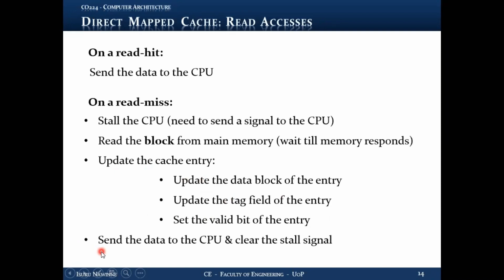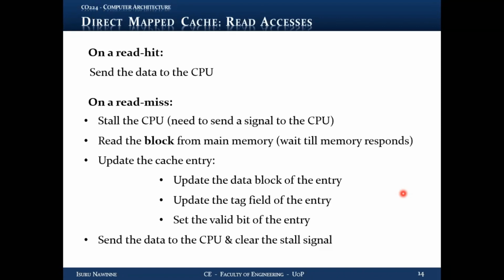Then send the data to the CPU. Now we have the up-to-date data in the cache and we can send it to the CPU and clear the stall signal, right? Put the data on the connection lines, and clear the stall signal so the CPU can resume its operation. So the CPU needs to keep monitoring the stall signal that is coming from the cache controller. From the CPU's perspective, it doesn't know that there is a cache and another memory behind it.